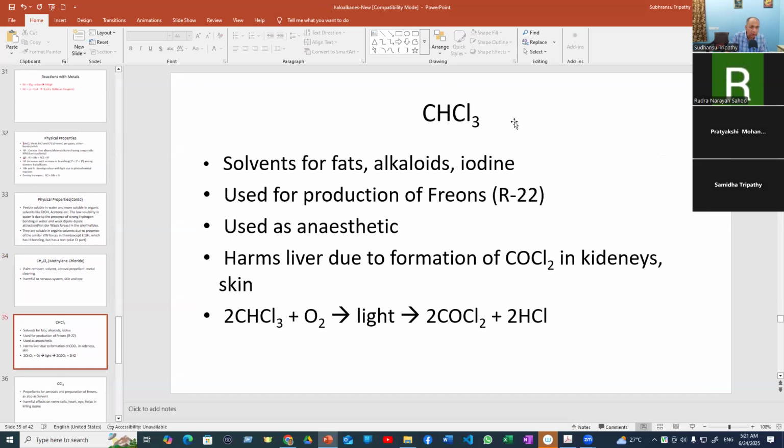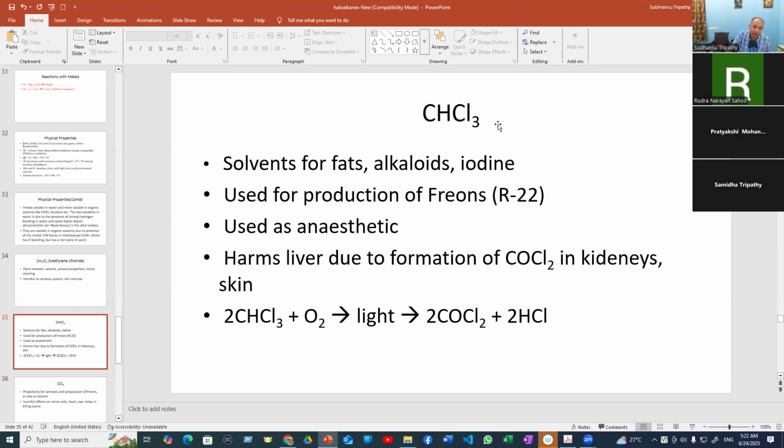Similarly, chloroform is also a solvent for fats, alkaloids, and iodine, and is used for the production of freons. We'll talk about how freons or chlorofluorocarbons are prepared. It is used as an anesthetic.